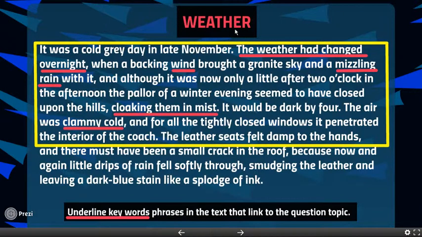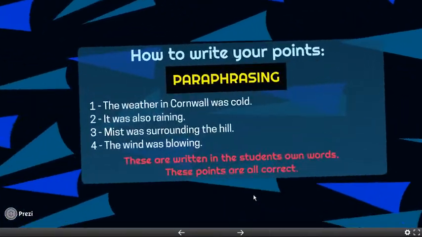So for instance, when we have covered this in class, I seem to remember people getting caught by things like the granite sky. Now, that's quite a common mistake to make because you think, okay, sky's associated with the weather, but it's not specifically about the weather. That's commenting on the colour that the sky was. So do just be careful that you really take a tight focus on what the question's actually asking you.